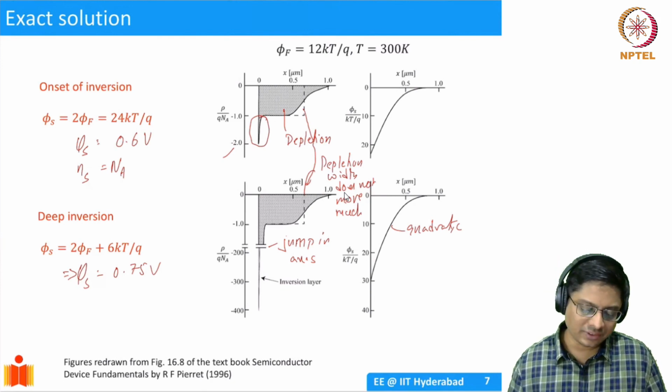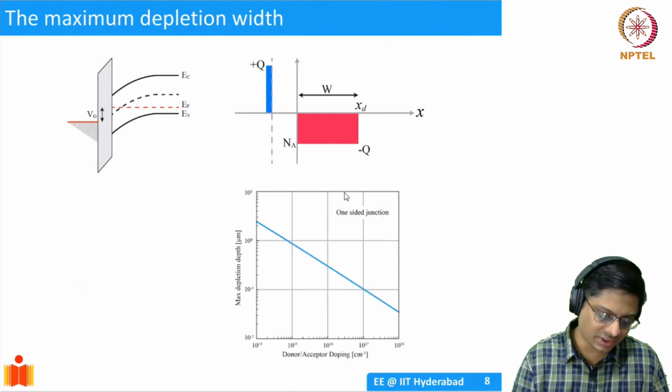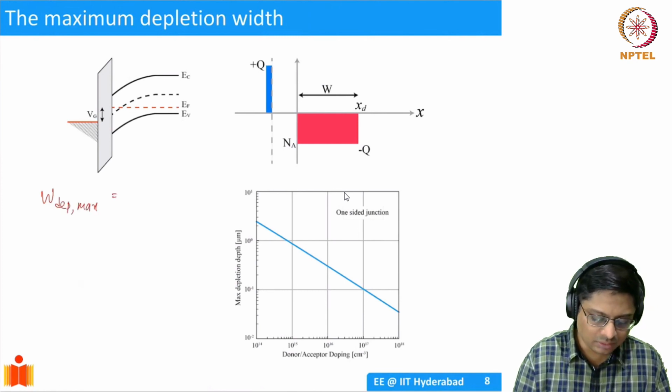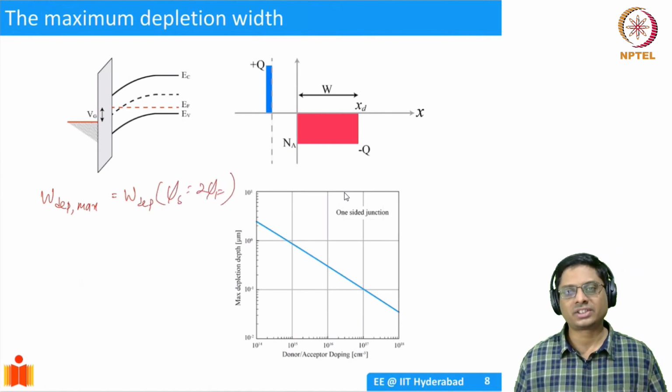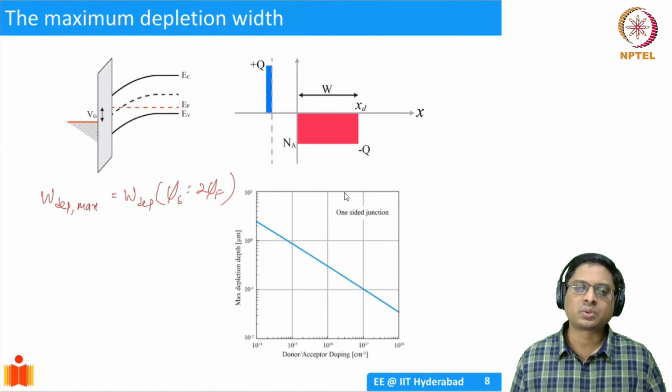So we define a quantity which we call the maximum depletion width, which is given by W depletion max equal to W depletion when phi s equals 2 phi f. Till the surface potential phi s is equal to 2 phi f, depletion width keeps changing. But once we reach phi s of 2 phi f, then it won't.